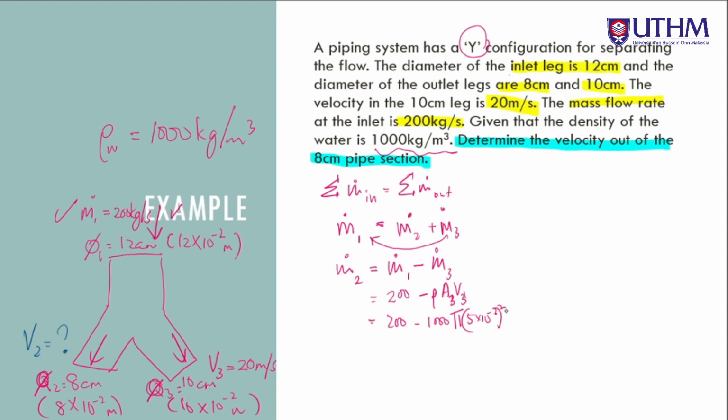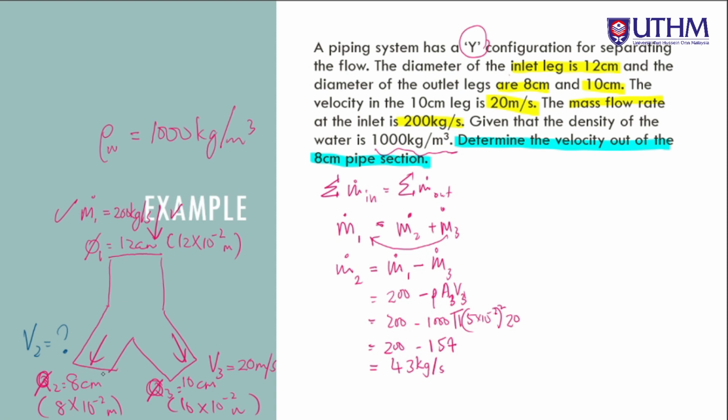Okay, V3 given 20. Okay, so this will be 200 minus, we have to calculate a bit, okay, so 200 minus 157, around 1.557. So this will be 43 kilogram per second.